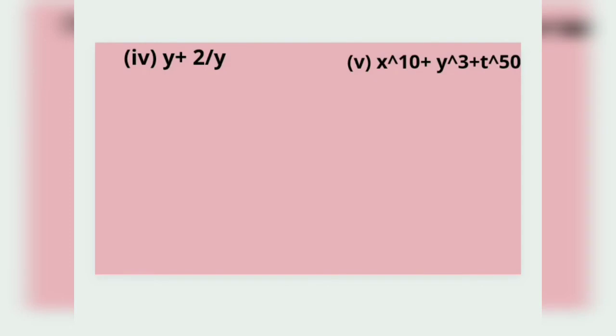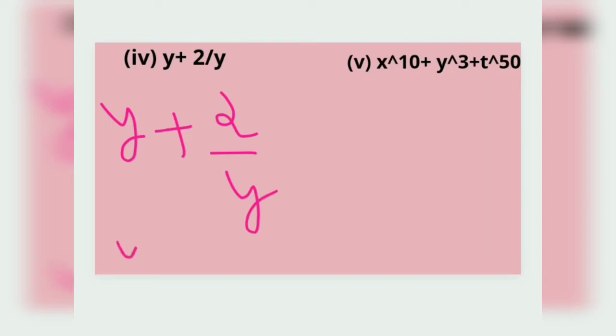So the fourth part is y plus 2 by y. Now see, everywhere y I have. Yes, y plus 2 by y. I have only one variable. But we have to check the power of y also, whether it is a whole number. Okay, let's check y. This is power 1. This side, 2 by y, if I reciprocate, I will get the power of y is minus 1.